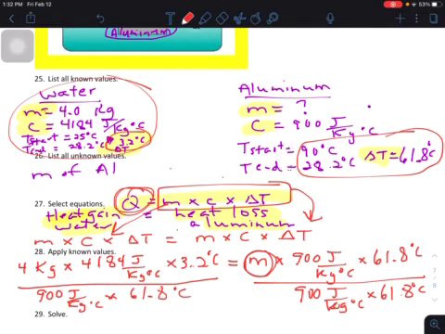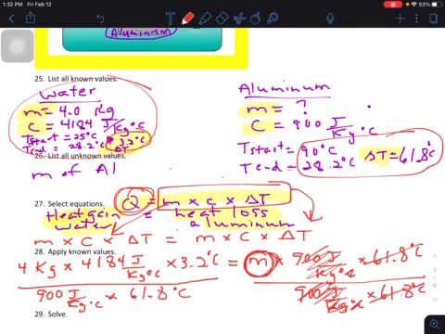Whatever we do over there, we have to do over here. So we divide both sides by 900 joules per kilogram degrees Celsius times 61.8 degrees Celsius. The 900 joules per kilogram cancels out, and the 61.8 degrees Celsius cancels out. So our mass is now isolated.